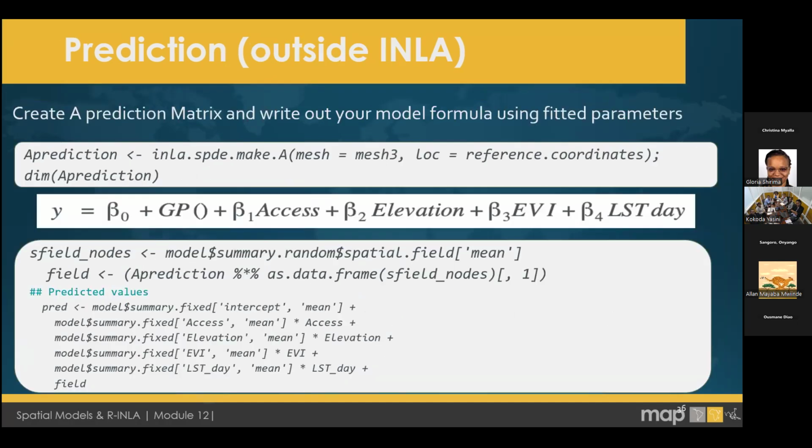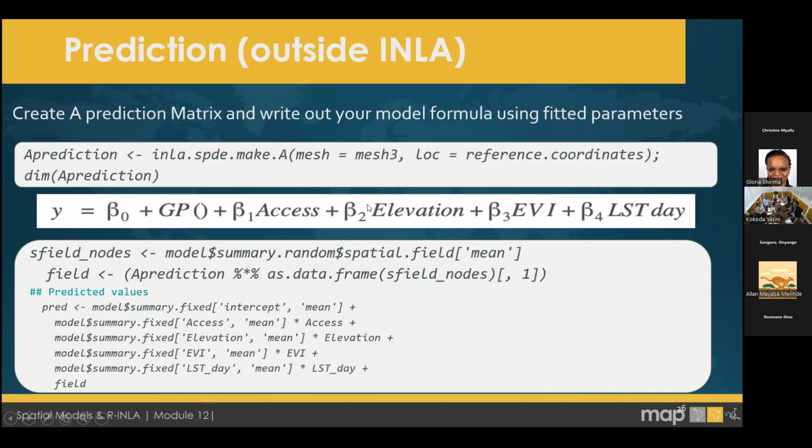Outside INLA, you still create your A matrix of prediction, because after calling this function, you can get, after the fitting, your regression parameters, meaning the intercept. Beta 1 represents the regression parameter of access, beta 2 represents the regression parameter of elevation, beta 3, beta 4.